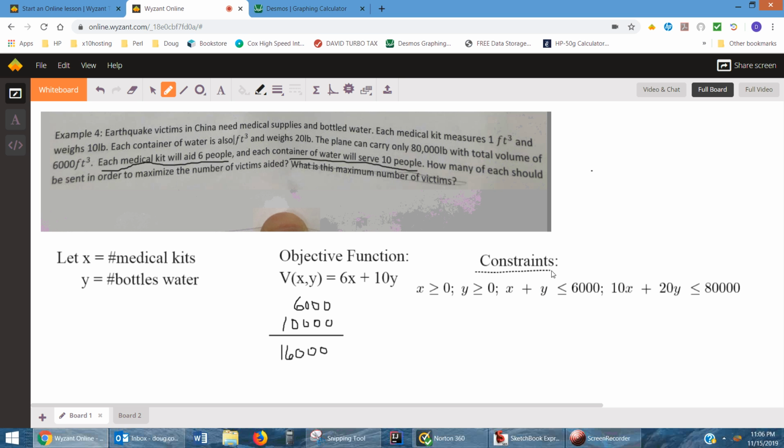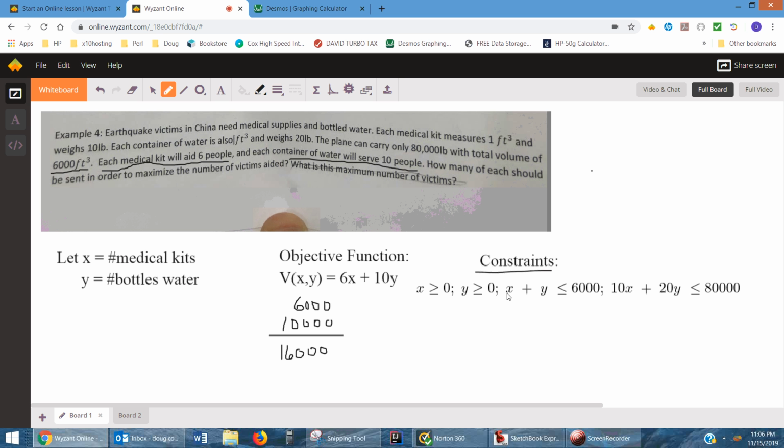These are the constraints. We're not going to send a negative number of kits or containers of water, so x must be greater than or equal to 0, and y must be greater than or equal to 0. The plane will only hold 6,000 cubic feet of volume.